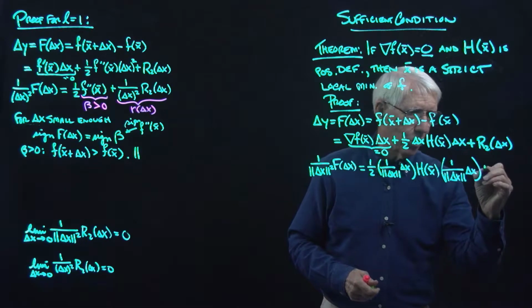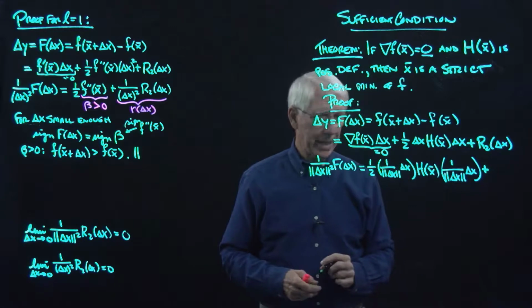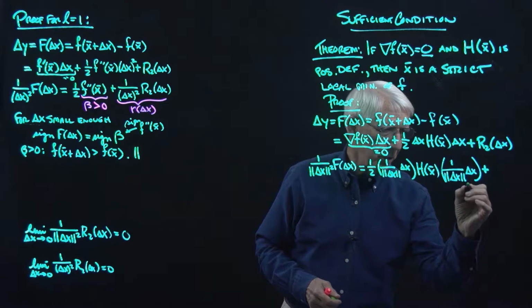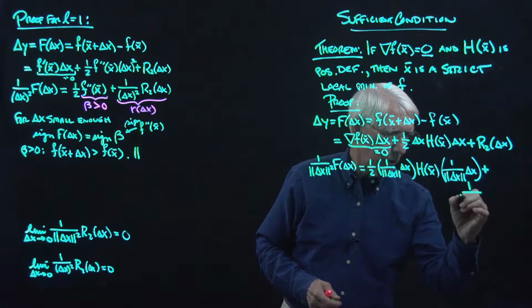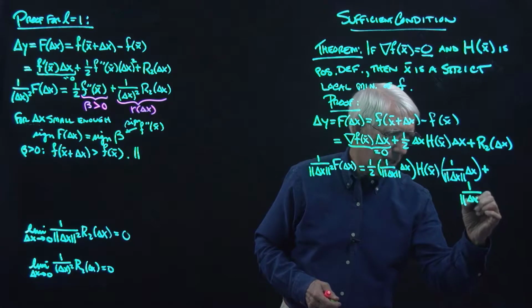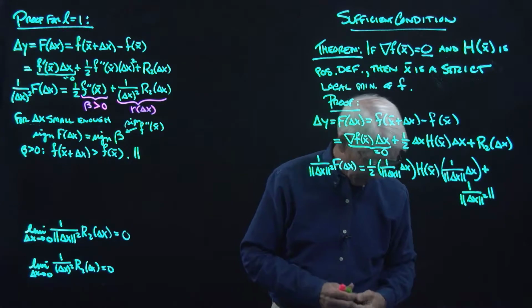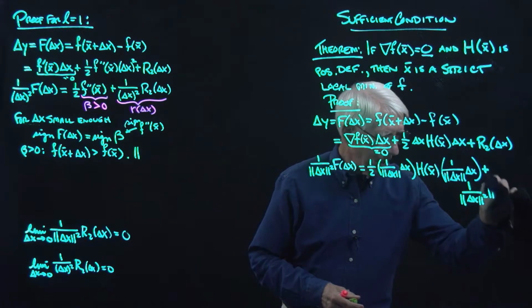And of course over here, I'm going to have, and I guess I'm going to have to put this down here to squeeze it onto the screen, 1 over norm delta x squared. Whoops, it's not the real numbers. That's just r.